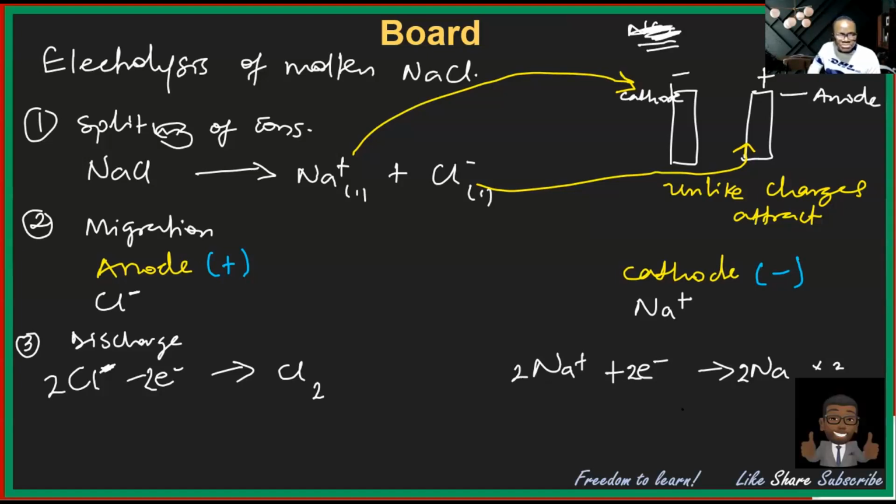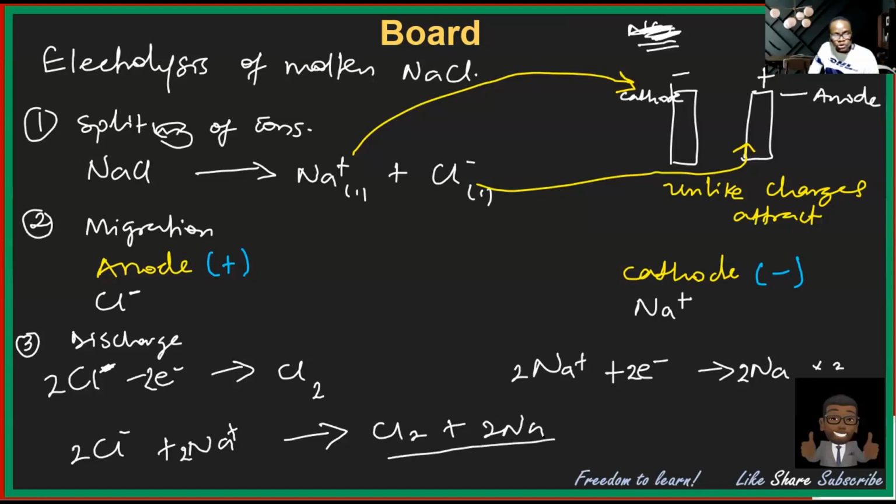Okay, so we have been able to see these. Now, that tells us that the sodium chloride, if I'm combining the equation together now, 2 chloride, 2 sodium, when they split, they are going to form what? Cl2 plus 2Na. So you can see now we have been able to separate chlorine from what?